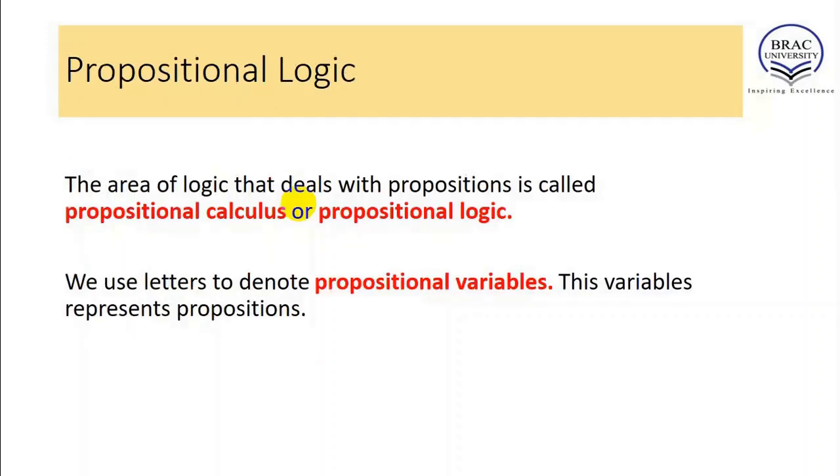Now the area of logic that deals with propositions is called propositional calculus or propositional logic, and we use letters to denote propositional variables. Okay, and these are variables that represent propositions. So we can think of it like this: let P be a proposition or Q be a proposition and R or something else, and we generally write these in small letters. Okay.